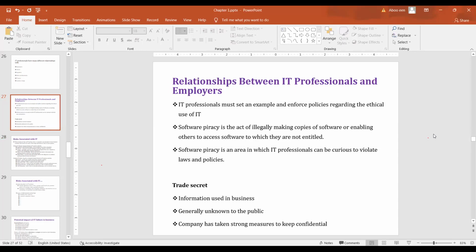Do you think these are general IT-related risks, or do they come under criminal activities? Cyber attacks. Is a cyber attack a general IT-related risk or is it specific to criminal activity? Specific. Okay.